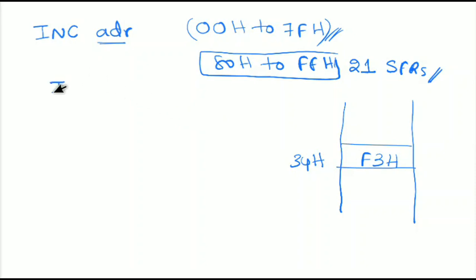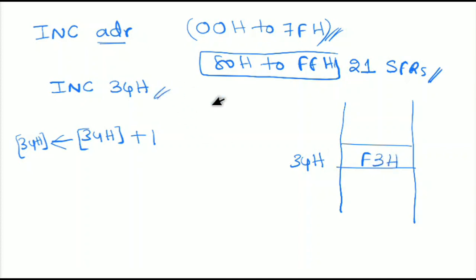So now INC 34H, if I write like this, what will happen? Simply whatever the content of the 34H location, that will be added with 1 and the result will be stored back to the same location. So this F3 will become F4. After this instruction, this F3 will become F4H, right?